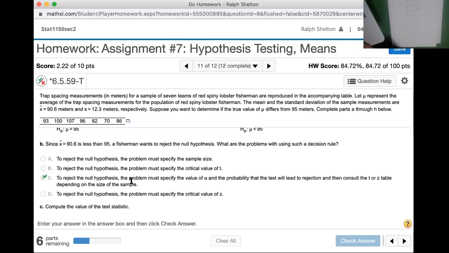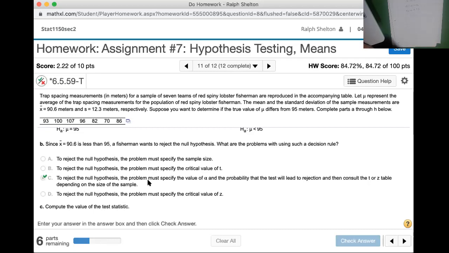I'm reading C. Reject a null, problem must specify value of alpha and a probability the test will lead to rejection, and then consult the T or Z table depending on the size of the sample. I'm going to stop right there because that's correct.